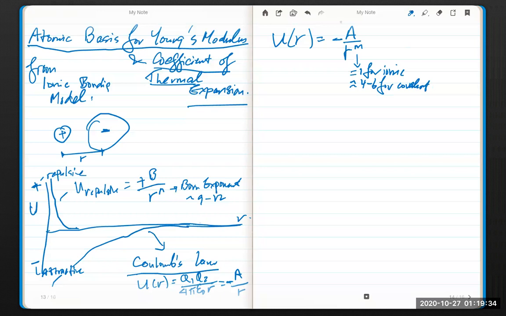So that's the attractive term, right? And then you have the repulsive term, B divided by R to the power of N, which I said is between 9 and 12. That's the repulsive term, okay?